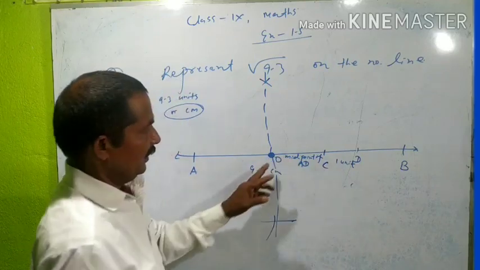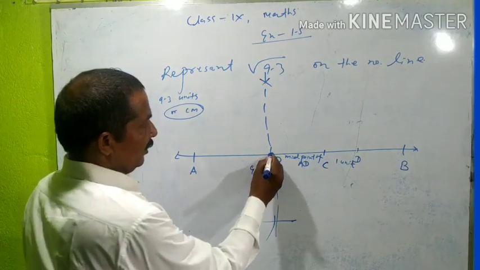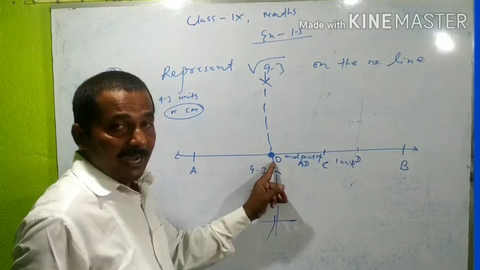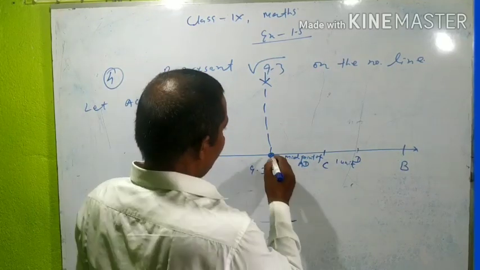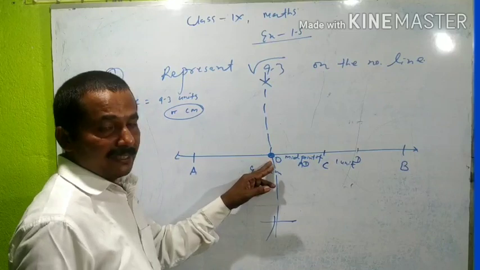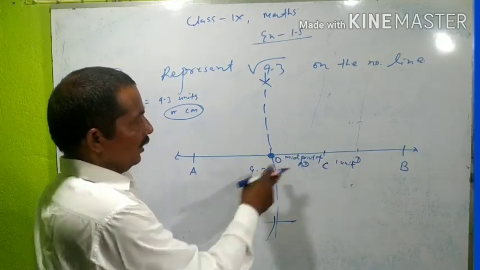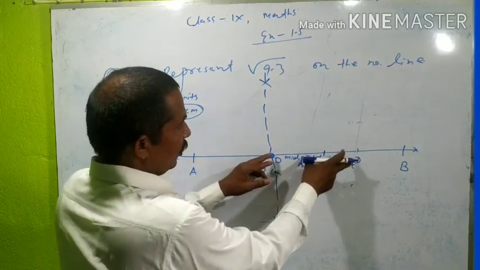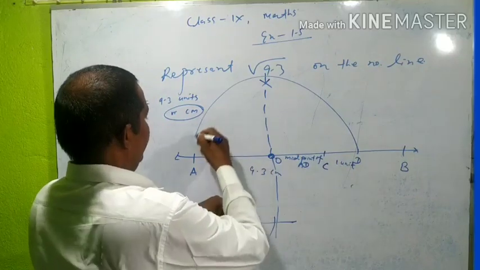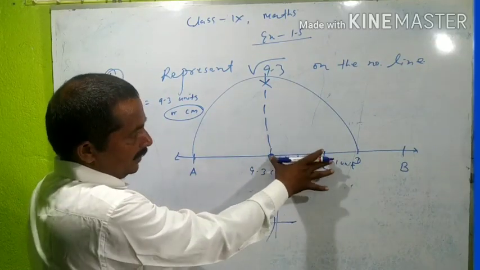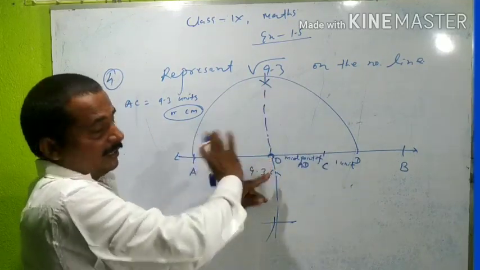After getting the midpoint, with O as center and radius equal to OD or OA, you will draw a semicircle like that from here now.